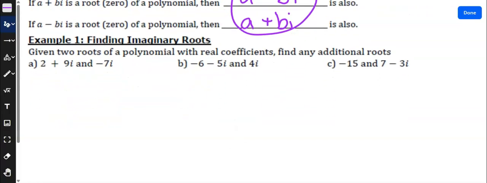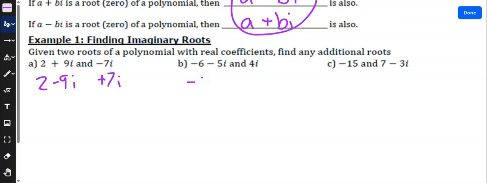All right, so if I give you solutions, you have to tell me if there are any, and I do mean if there are any additional solutions. Remember, we're only changing the imaginary sign. So 2 plus 9i would have its counterpart 2 minus 9i. Negative 7i would have its counterpart positive 7i.